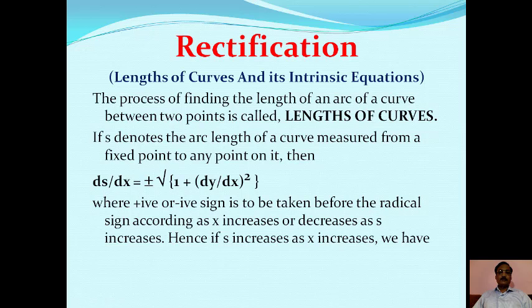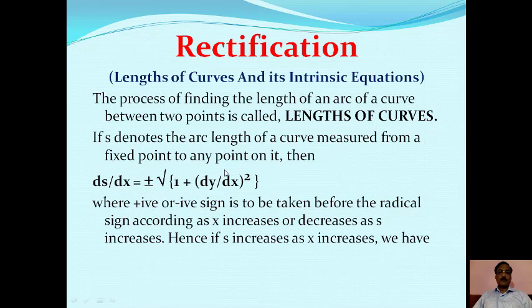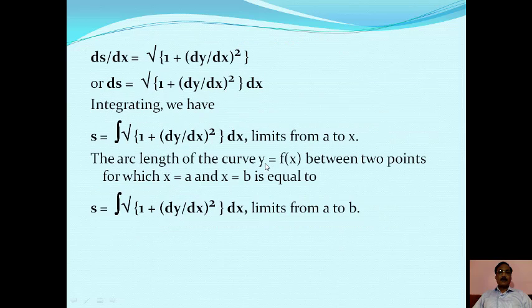So the integral of this formula from the lower limit to the upper limit will give the value of s. ds over dx equals root of 1 plus (dy over dx) squared, so ds equals root of 1 plus (dy over dx) squared dx.